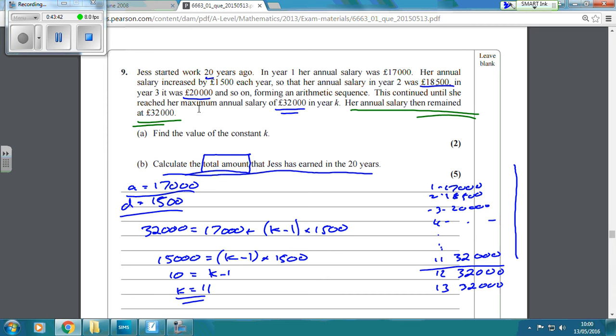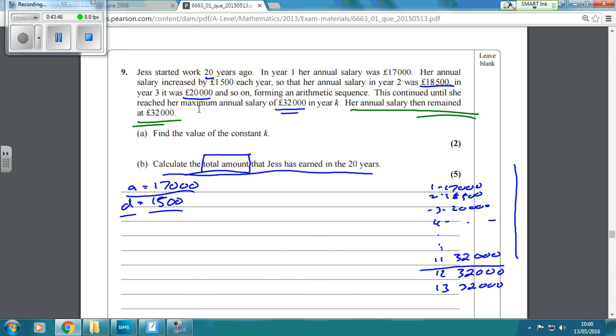So let's start by doing that then. What we're going to be using is n over 2, 2a plus n minus 1 lots of d. Because in the 10th year, she earned 30,500, we've got a choice.